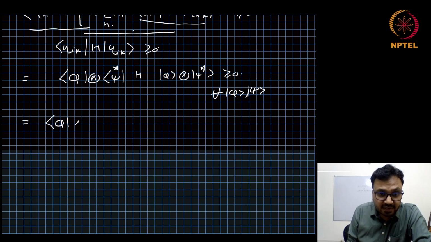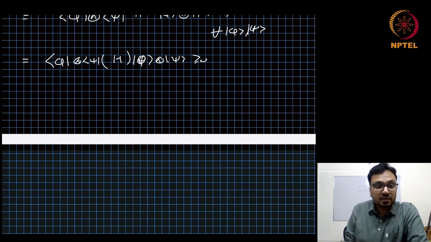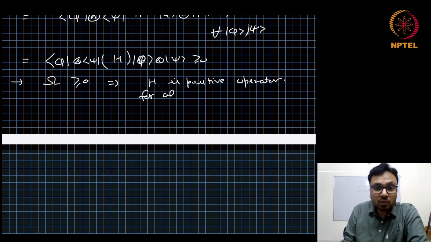So phi tensor psi H phi tensor psi should be positive. So we can summarize it that a map omega, which is a positive map, implies that the H is positive operator for all the product states.